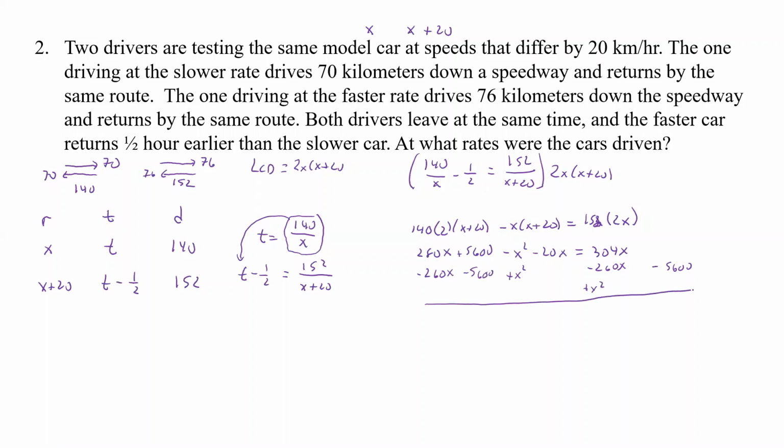All right, so now I've got 0 on this side, and on the other side I've got x squared, and then 304 minus 260 is going to be 44x, and then minus 5,600. Okay, all right. Now, two factors of 5,600 that go into 44.